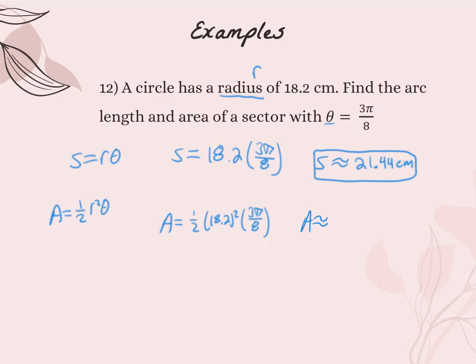I'll probably do the same, like 2 decimal places. That should get you about 195.12 square centimeters. So it shouldn't be too bad. It's just plugging into the calculator.